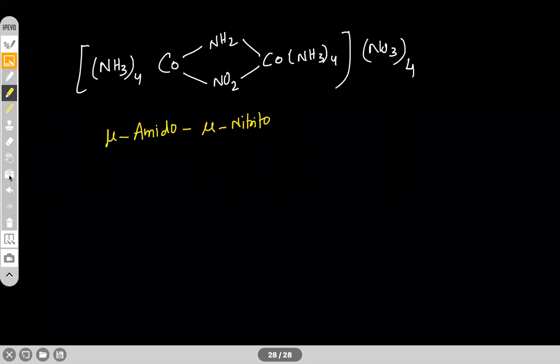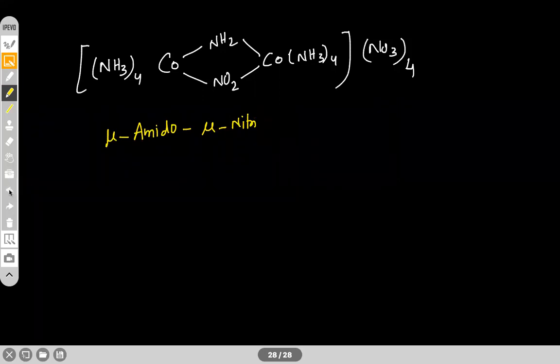Here we have a small n, right? Small n, nitrito. Okay, then we have 2 times here, tetraamine. So we'll write down bis, open bracket, tetraamine, cobalt.